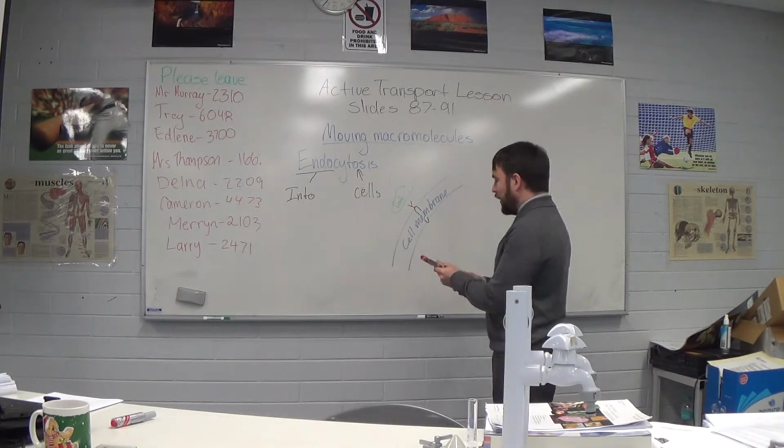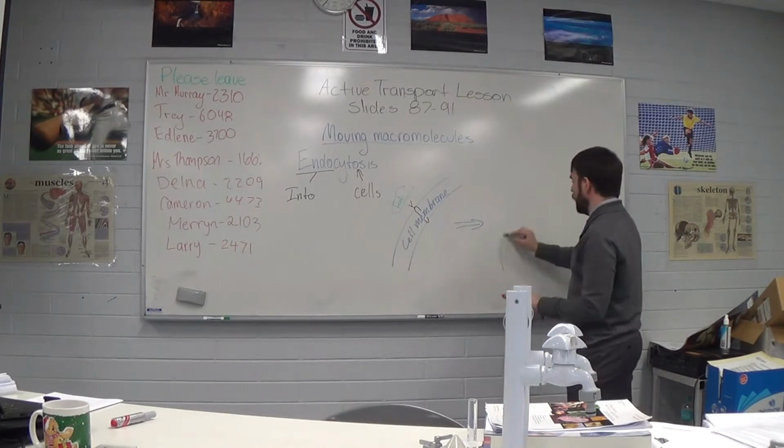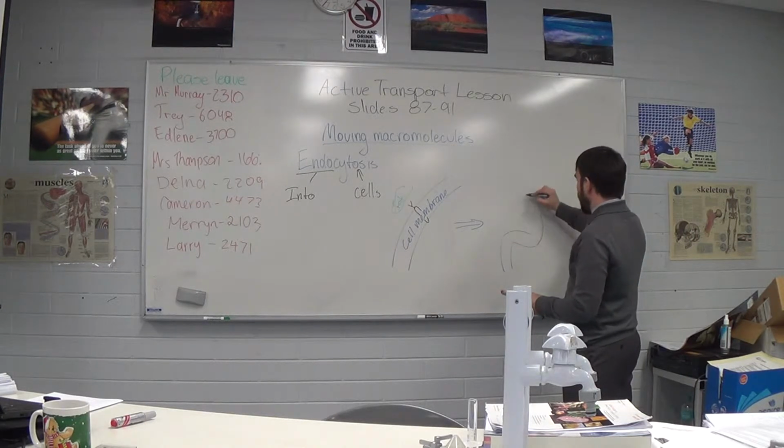So it encounters this, and then it creates its own shape change. The cell membrane actually begins to change shape around that molecule.